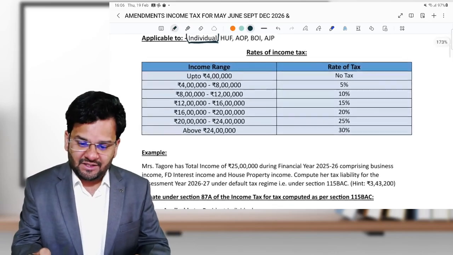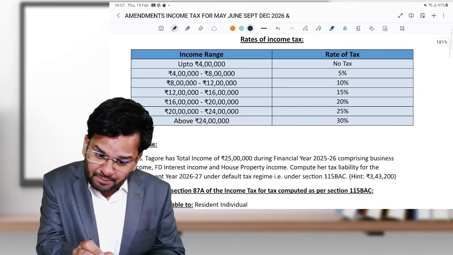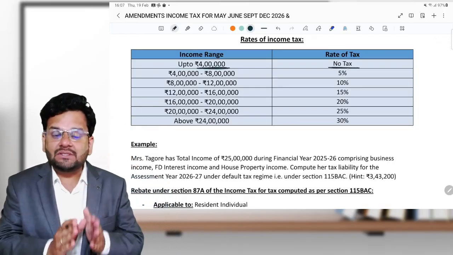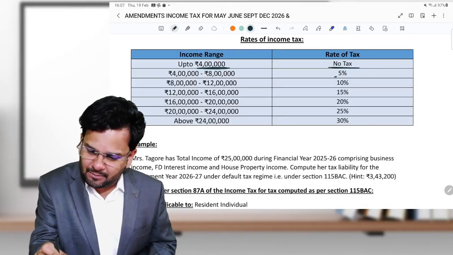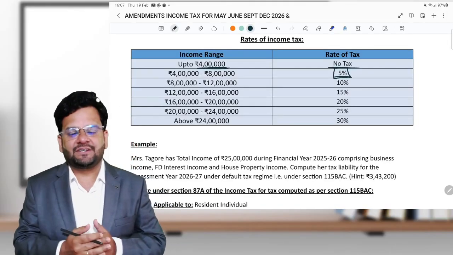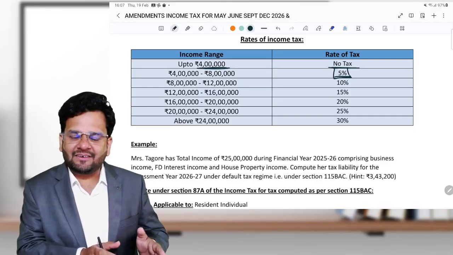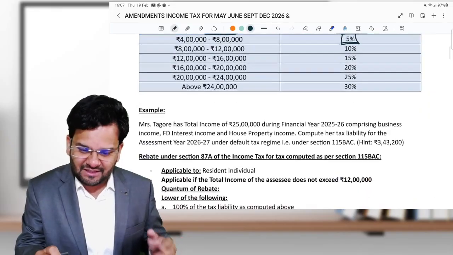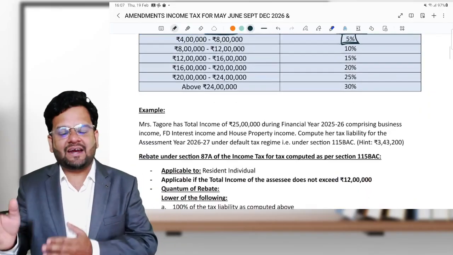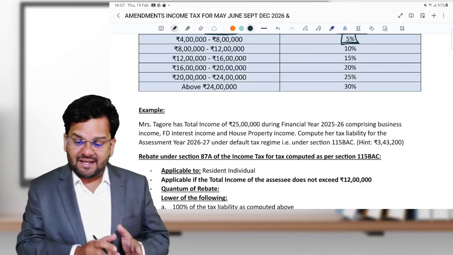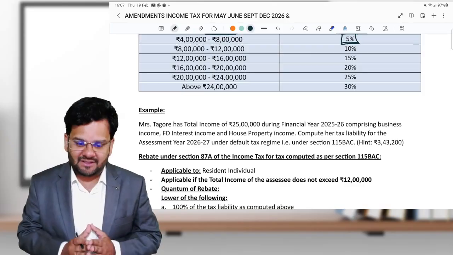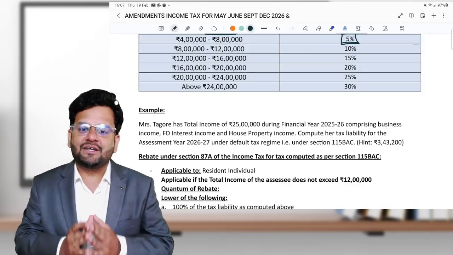Up to rupees 4 lakhs there is no tax. 4 lakh to 8 lakh income there is tax of 5%. 8 lakh to 12 lakh 10%, 12 lakh to 16 lakh 15%, 16 lakh to 20 lakh 20%, 20 lakh to 24 lakh 25%, and above 24 lakhs tax will be at 30%.